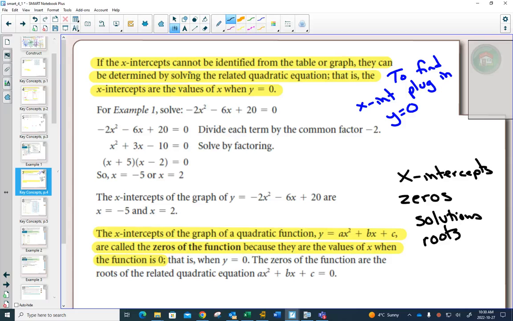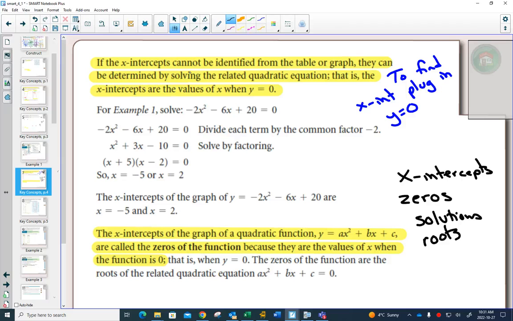But I think they have the different words because if you were solving an equation, would it feel weird if the question said, find the x-intercept, x plus 3 equals 0? You'd be like, what? But if they say find the solution, you're like, oh, I'm okay.